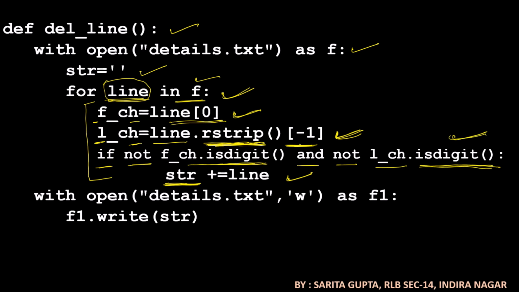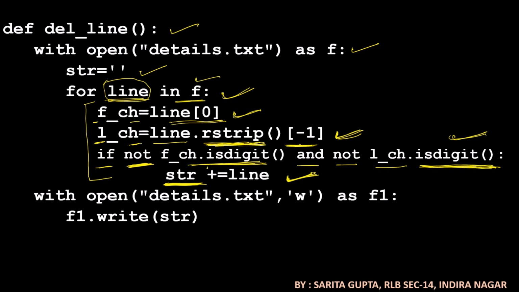And if the first and the last characters are not a digit, the entire line of text would be concatenated into the variable str. So when the loop terminates, the string variable str would be holding all lines of text not starting or ending with a digit.